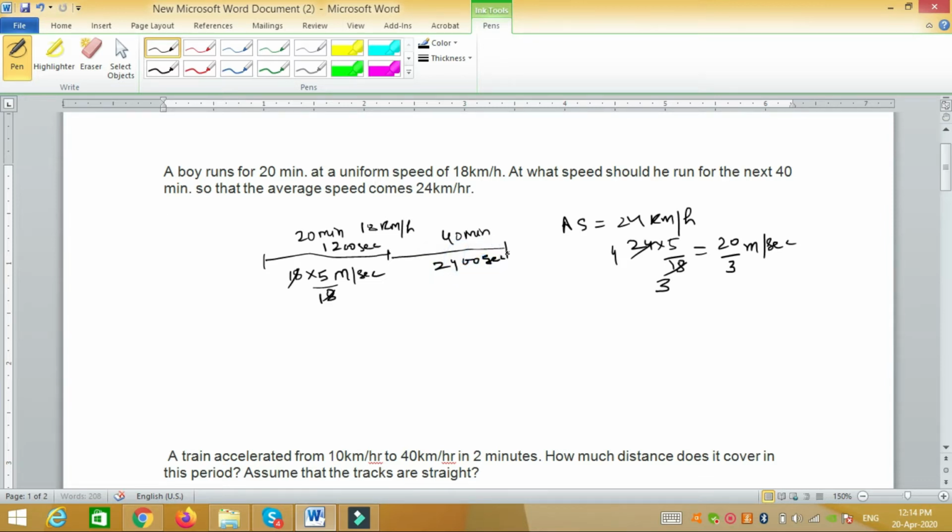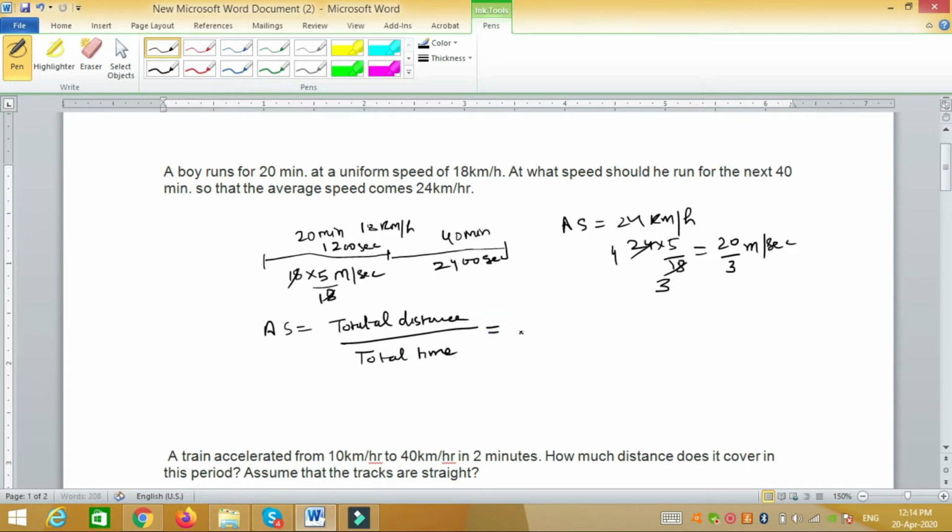seconds. So now you have to simply apply the formula for the average speed, that is total distance upon total time, which is very easy.